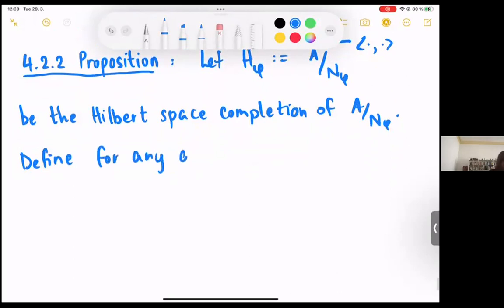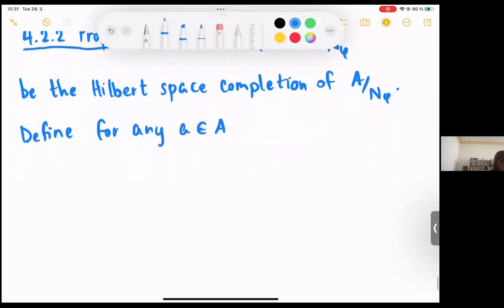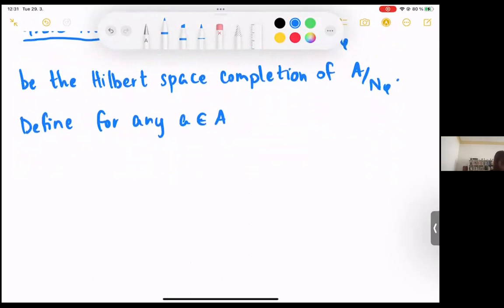And then for any element a in A, we can define a linear operator on A mod N_phi as follows.